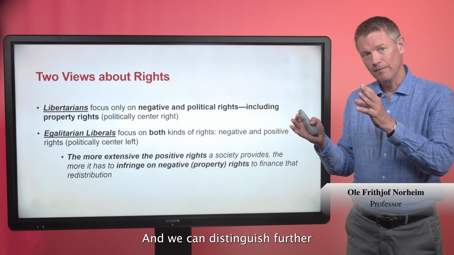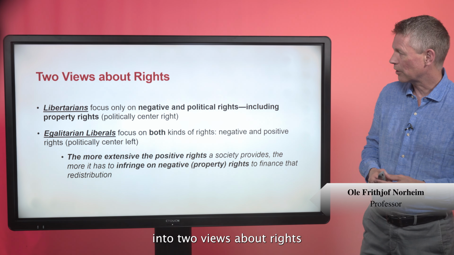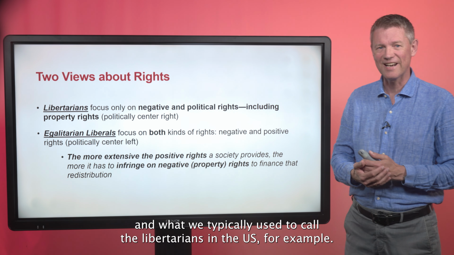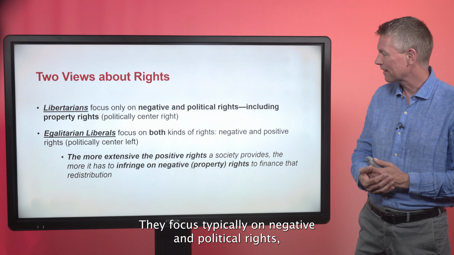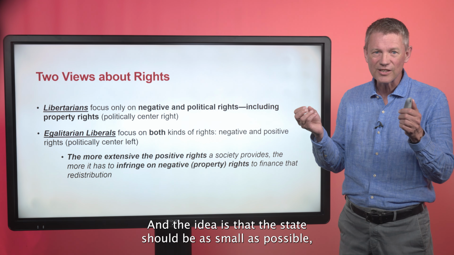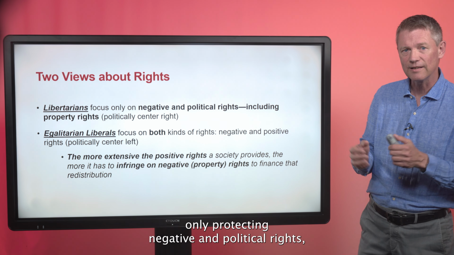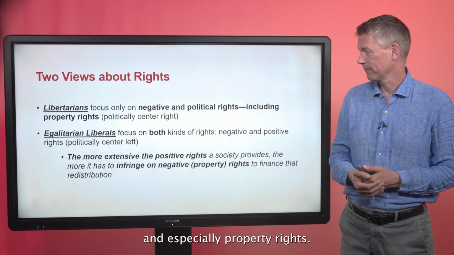And we can distinguish further into 2 views about rights, and what we typically used to call the libertarians in the US, for example. They focus typically on negative and political rights, including property rights. And the idea is that the state should be as small as possible, only protecting negative and political rights, and especially property rights.